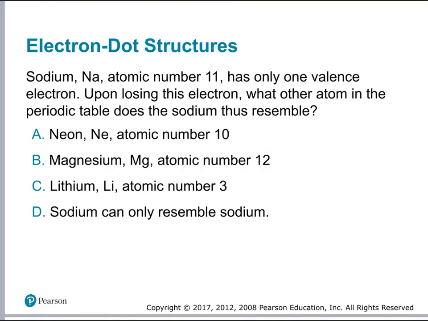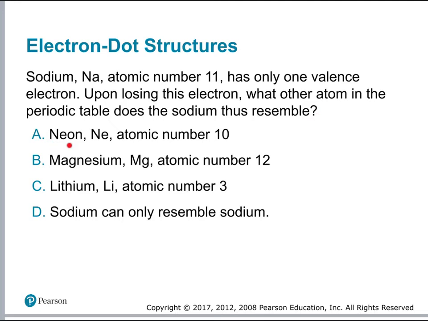Okay, let's do a check your understanding kind of deal. Let's consider the element sodium, which has the atomic number 11. It has only one valence electron. If it were to lose this electron, what other atom in the periodic table does the sodium atom then resemble?